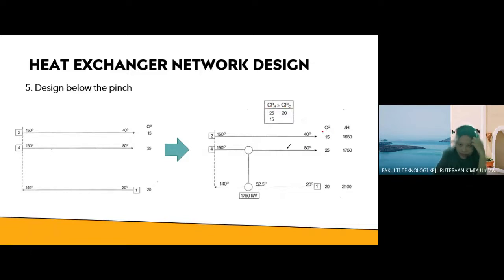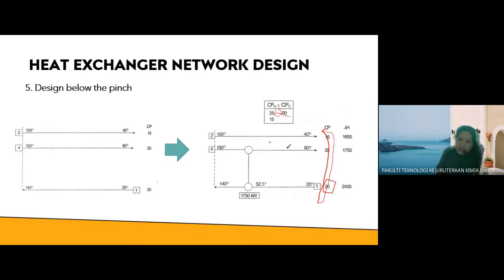So you have these values. So you know that for CP hot, you start with 25 followed by 15. And then for CP cold, you only have 20. So you know that you can pair this stream 25 and 20. So 25 is stream 4. You pair with stream 1 with CP equal to 20.